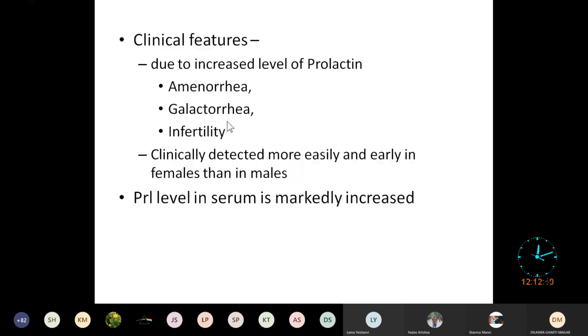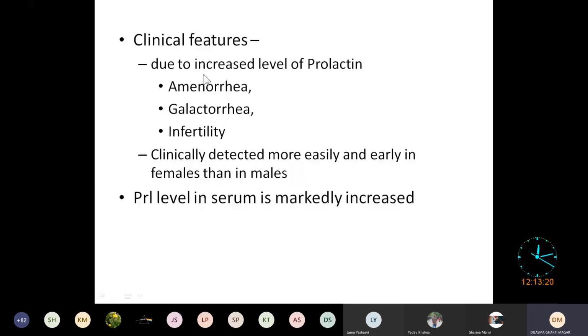So amenorrhea you understood, galactorrhea I explained, and infertility means they will not have babies. Sometimes these are clinically detected more easily and early in females than in males. Females have a regular menstrual cycle, so amenorrhea we can diagnose. And whenever the female is not pregnant or breastfeeding, galactorrhea will be there.